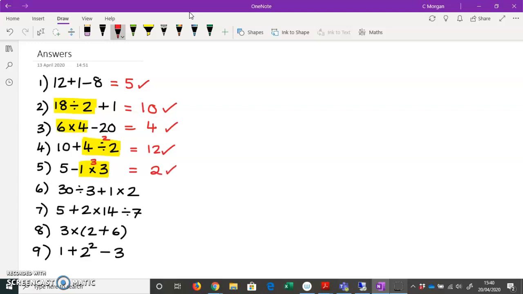In my next question, division always comes before addition and subtraction, and multiplication always comes before addition and subtraction. 30 divided by 3 is 10, and 1 multiplied by 2 is 2. 10 add 2 is 12.